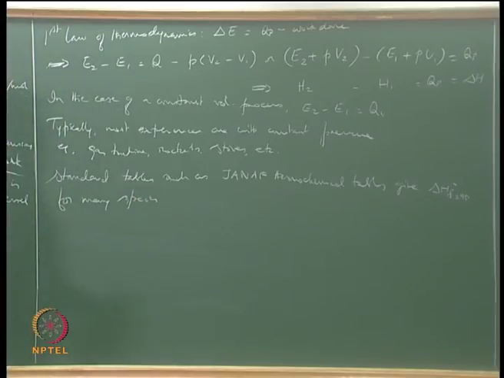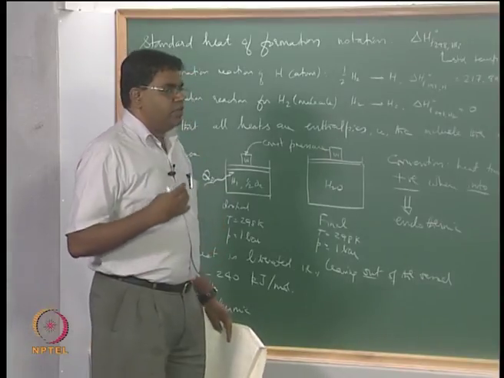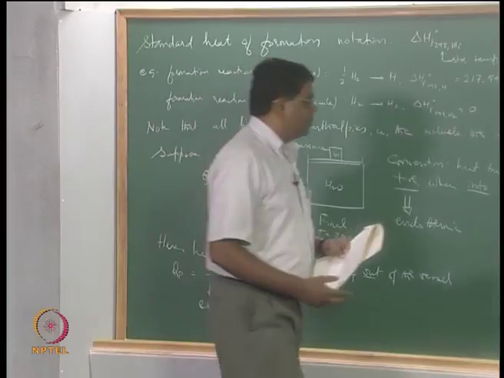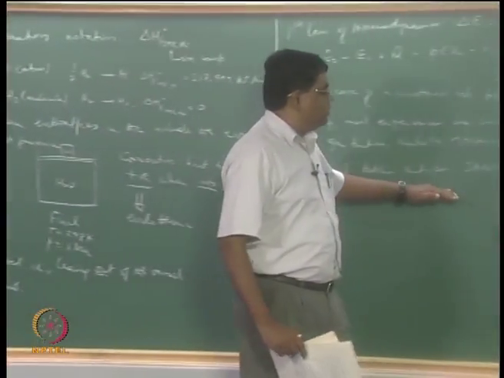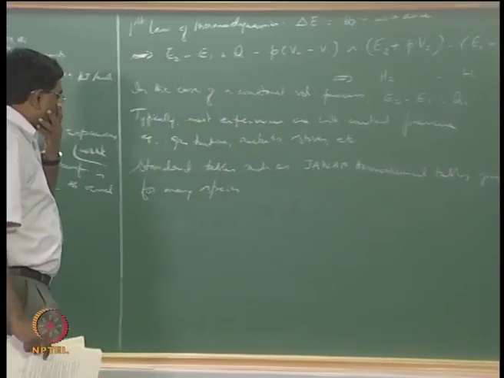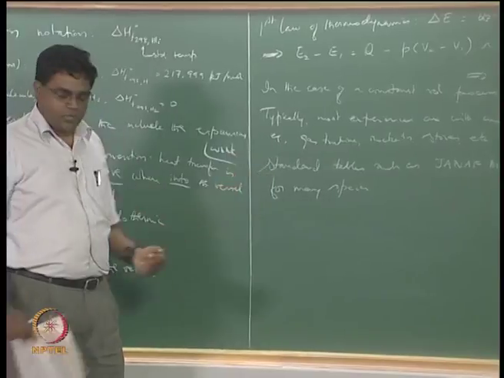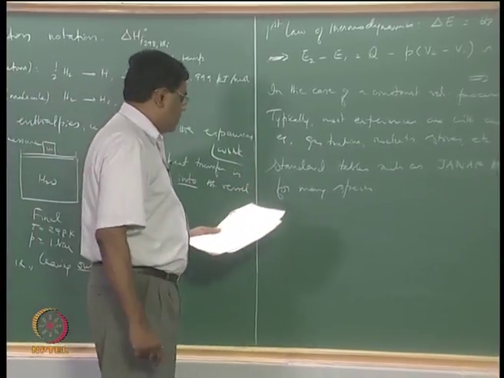In fact, this tells you why we need to actually have a standard heat of formation. Okay, so it's possible now, if you standardize the conditions at which you want to catalog or tabulate the heat of formation, then it's possible for you to actually have tables like the JANAF thermochemical tables, which will give this for many species. Okay, so these are available.